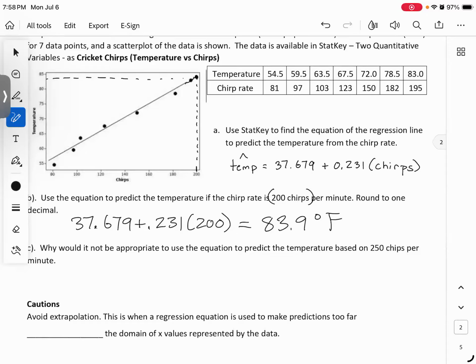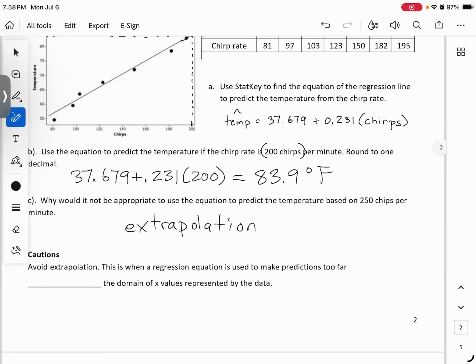But the word that I want you to use when you run into a question that's very similar to this is you want to avoid extrapolation, which is the idea of trying to do predictions that are just too far out there.